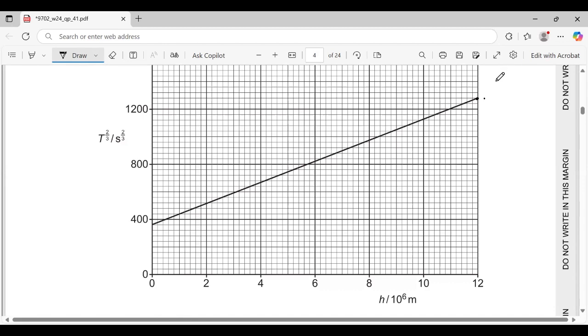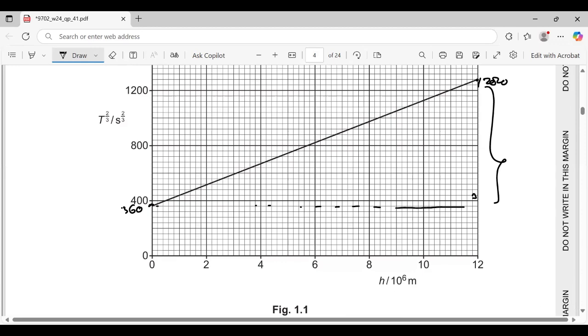This is 1280, and after that, this is 360. Then we can find the gradient of this right angle triangle.